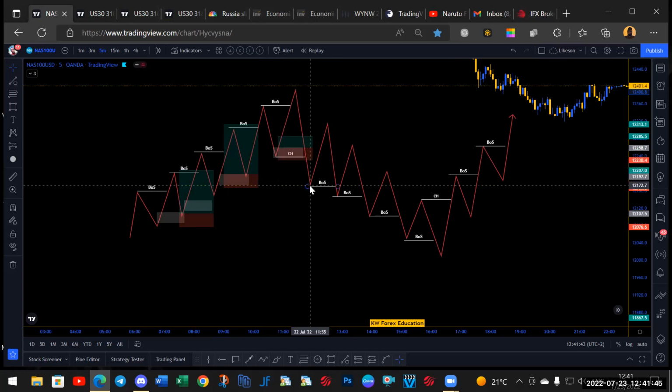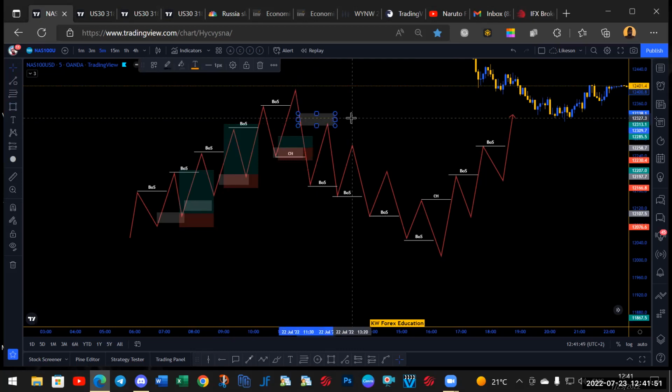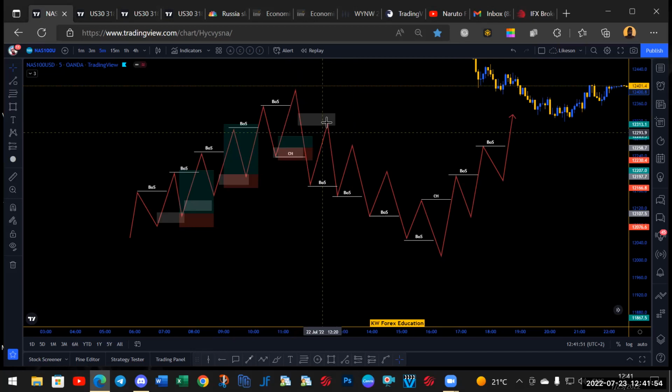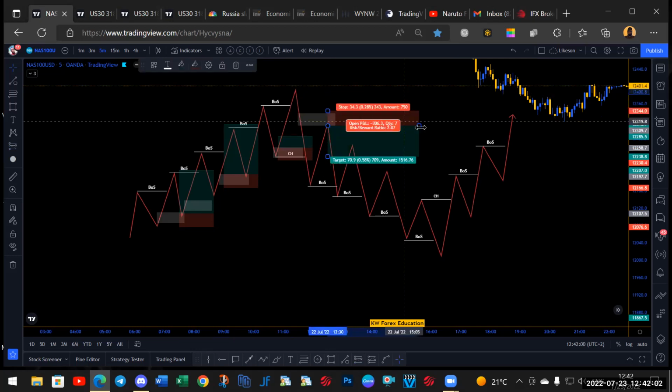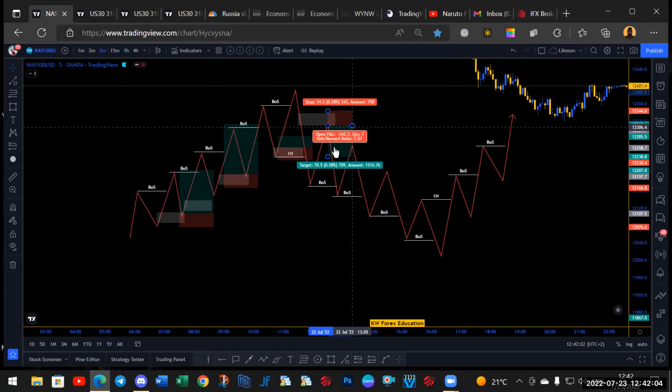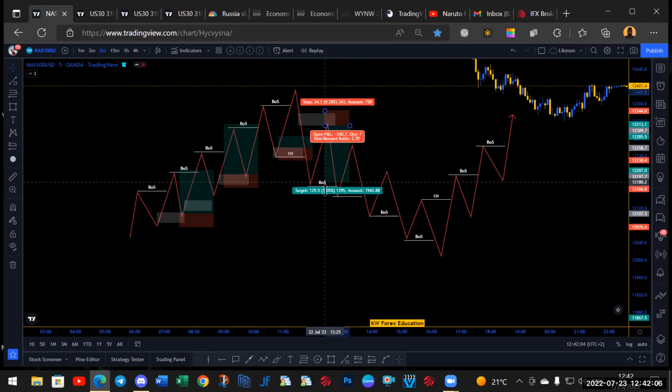It created a new lower low. Now you mark a fresh supply, indicating that price is going to start going down. And then you sell from there when price goes to that zone, you target your break of structure.